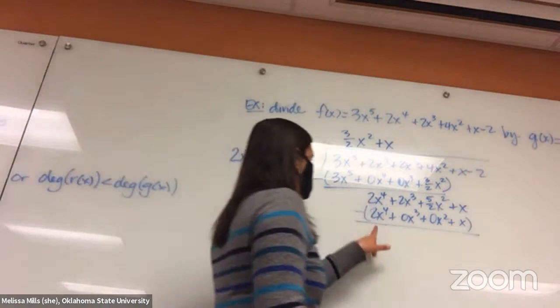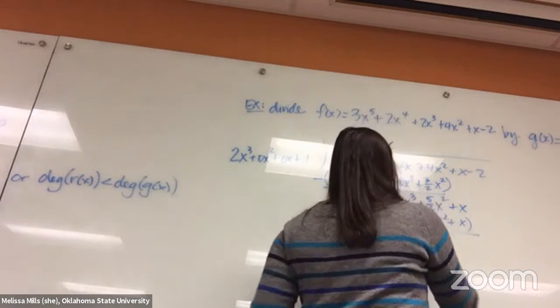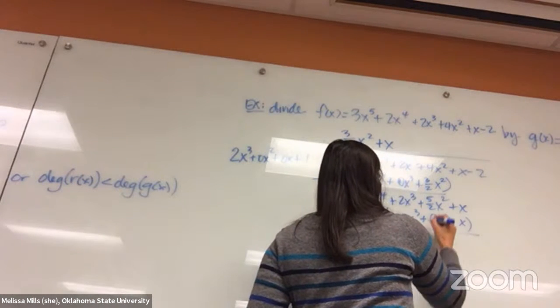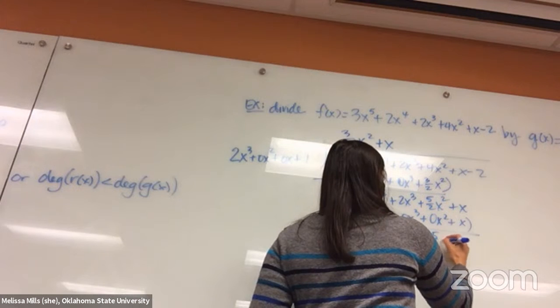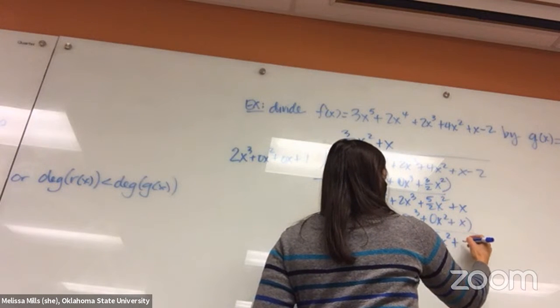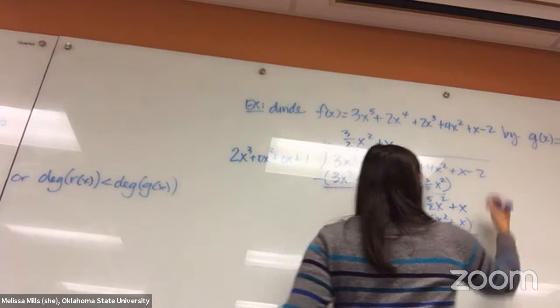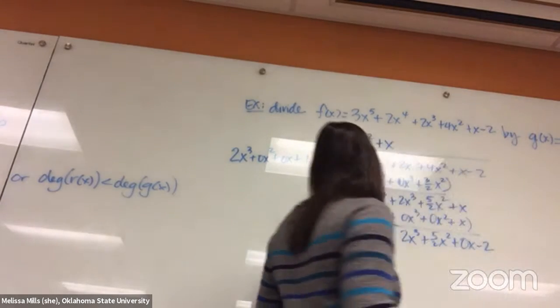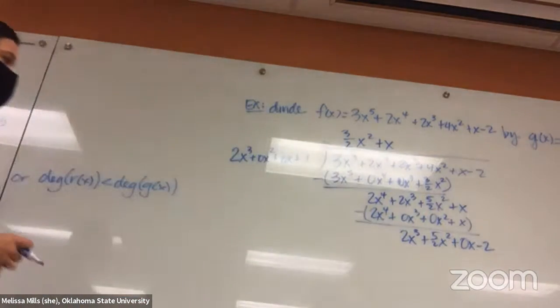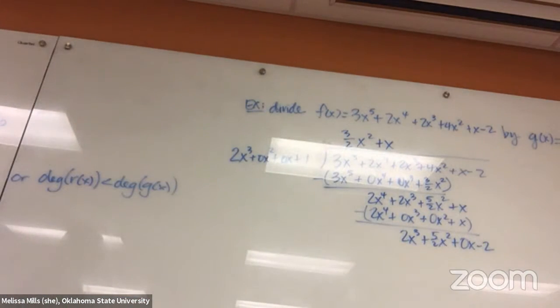And so 2x to the fourth minus 2x to the fourth, we'll have 2x cubed plus 5 halves x squared plus 0x minus 2. Okay. And this is the last time we can do something.